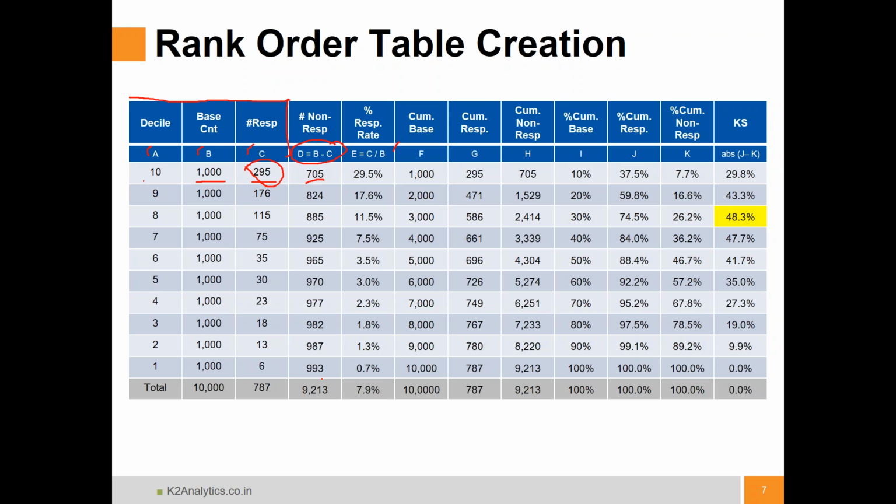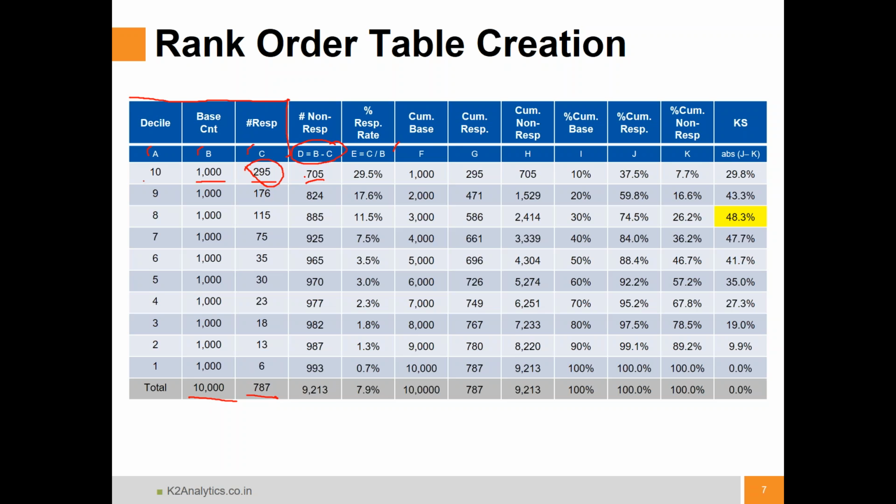So here what I see is at an overall level I have got 10,000 customers, of which 787 are responders. After having built the model and converted probabilities and deciling, I see 295 of these responders are actually sitting here.